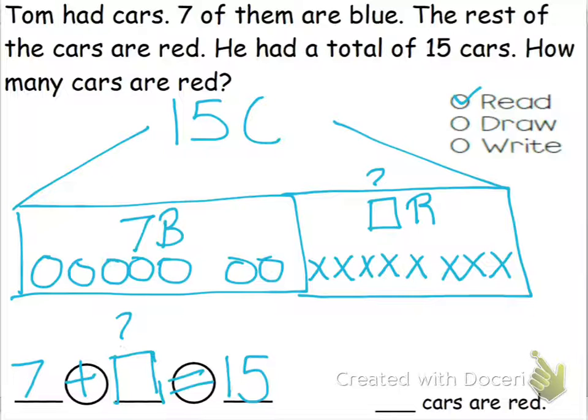So let's see. 1, 2, 3, 4, 5, 6, 7, 8. So there's 8 red cars. So 7 plus 8 equals 15. There are 8 cars that are red. So we can check those off. So we're done with this one.